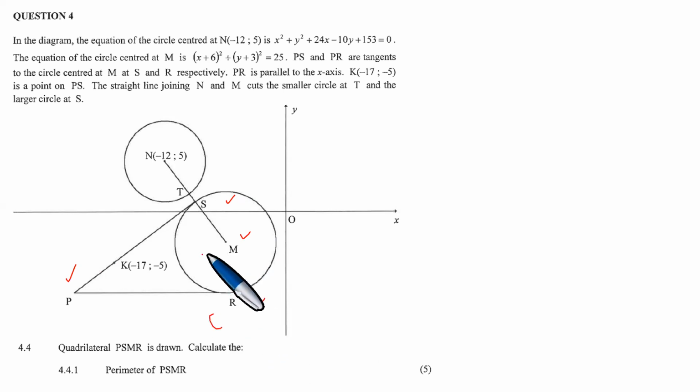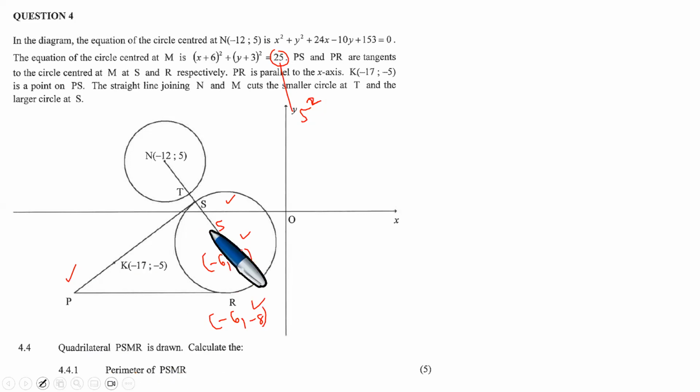We realized that the coordinates of M are -6, -8. The radius of this circle is 5 units, because we can see 25, which is the same as 5 squared. Okay, so we are in business.